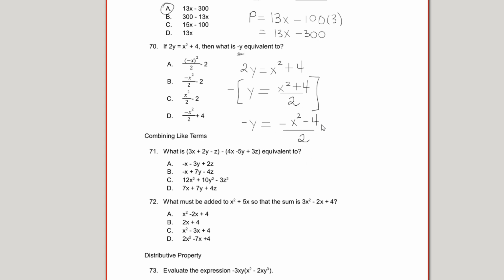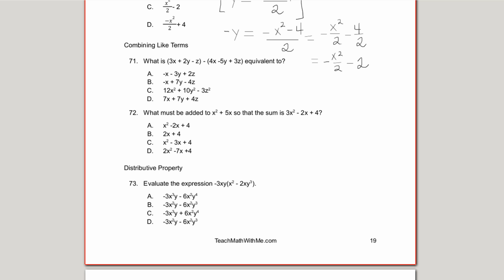Now, I don't have an equation in this form, but what I can do is take that 2 and divide it through by everything. Let's simplify this, and we'll get negative x squared over 2 minus 2. Do we have anything like that? I think answer choice B looks like that. So be prepared to simplify in different ways depending on how your answers are presented.